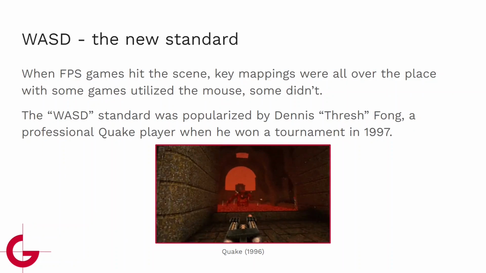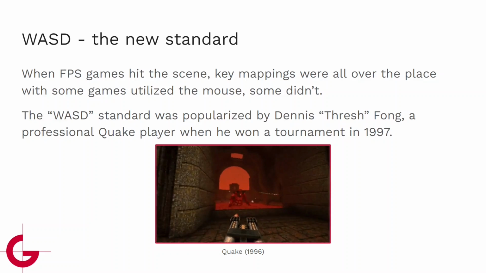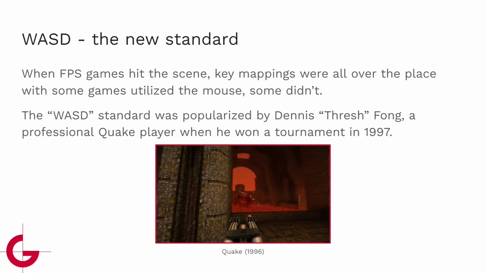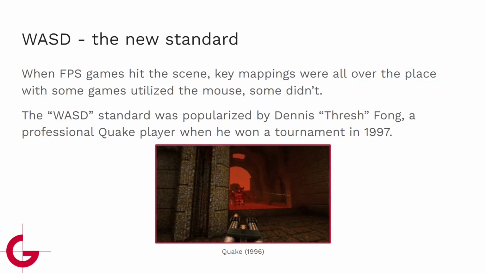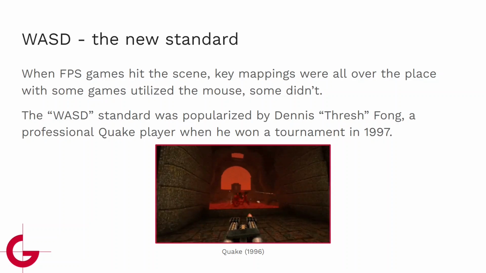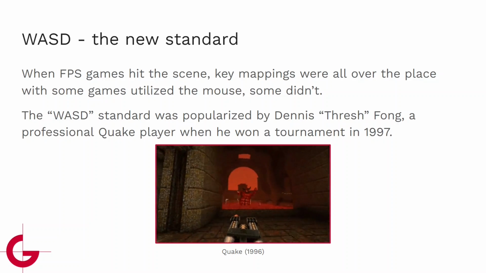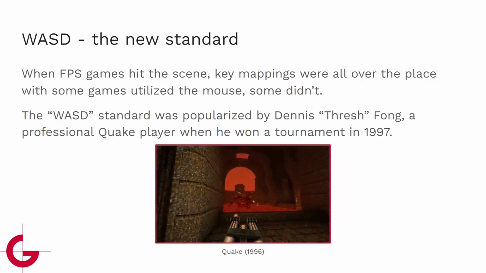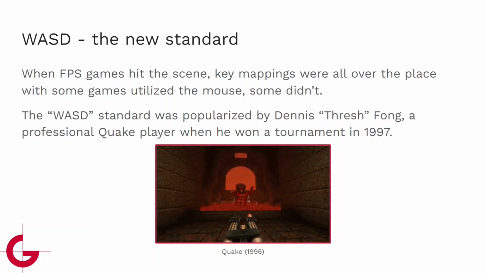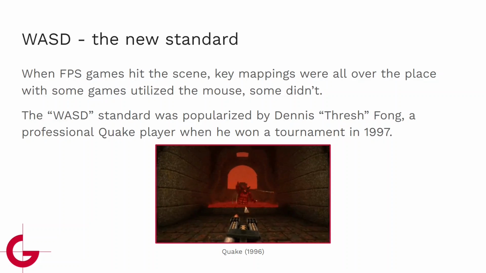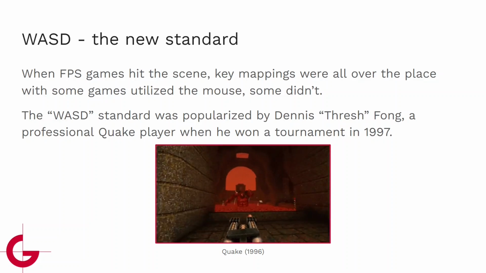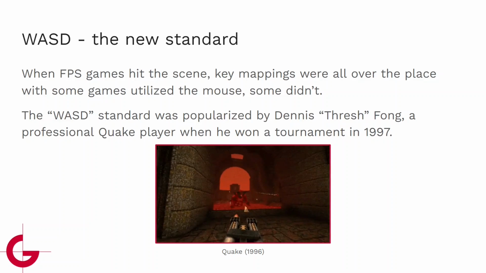But the WASD standard that we are familiar with today was popularized when first-person shooter games exploded in popularity in the late 90s and the early 2000s for PC games. But when first-person shooter games first hit the scene, the key mapping was actually all over the place.